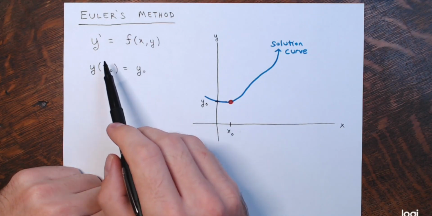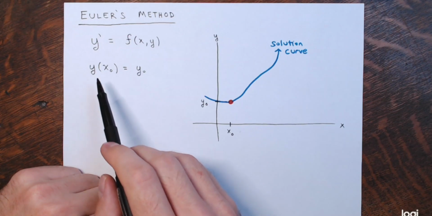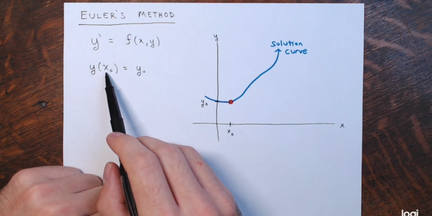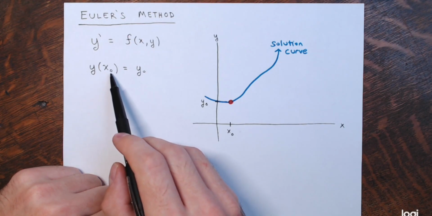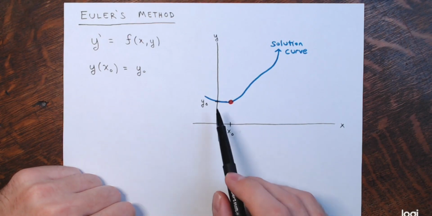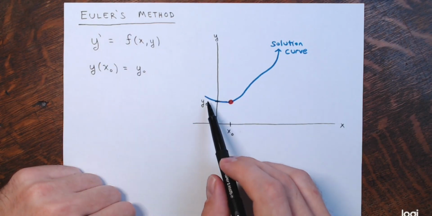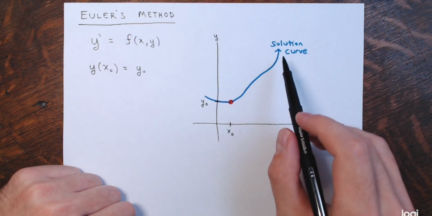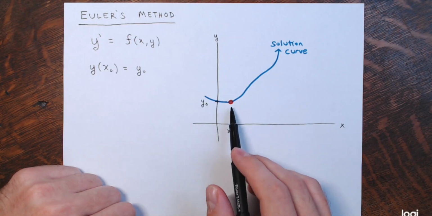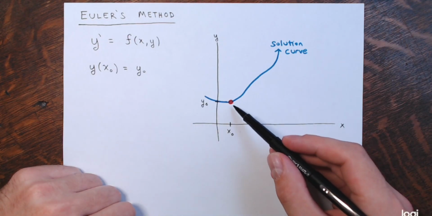And we're given an initial condition: the value of this function y at x equals, say, x sub 0 is some value y sub 0. Suppose there is a solution curve, y of x, that passes through this point (x sub 0, y sub 0), which I have labeled here in red.